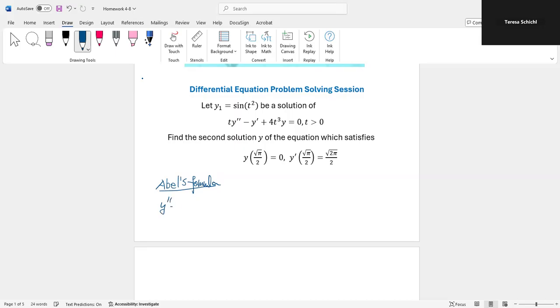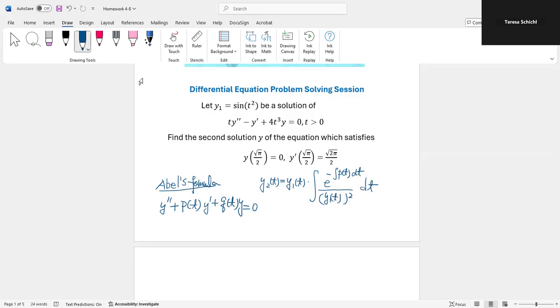If we can write the second order differential equation as y double prime plus p(t) y prime plus q(t) y equal to zero, then I can find my second solution. y2(t) will be equal to y1(t) times this big integral: e to the negative integral of p(t) dt, divided by y1(t) squared, dt.